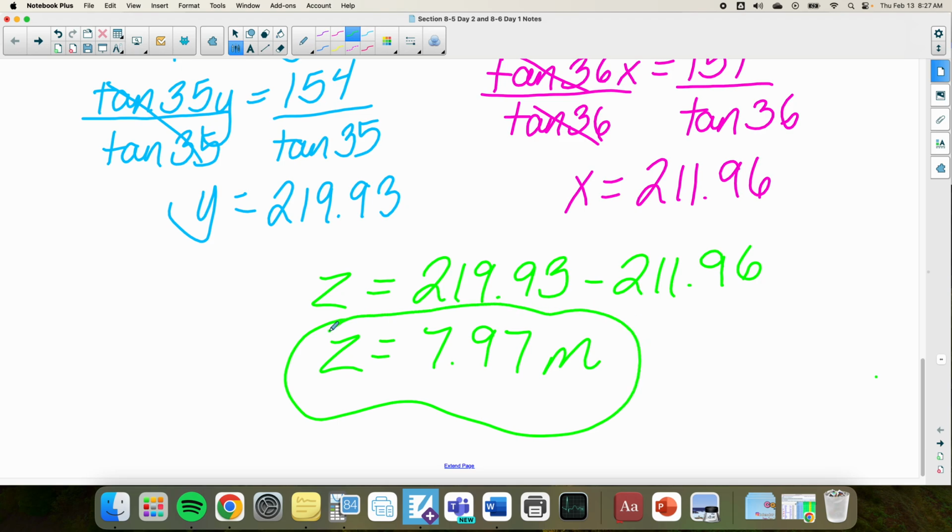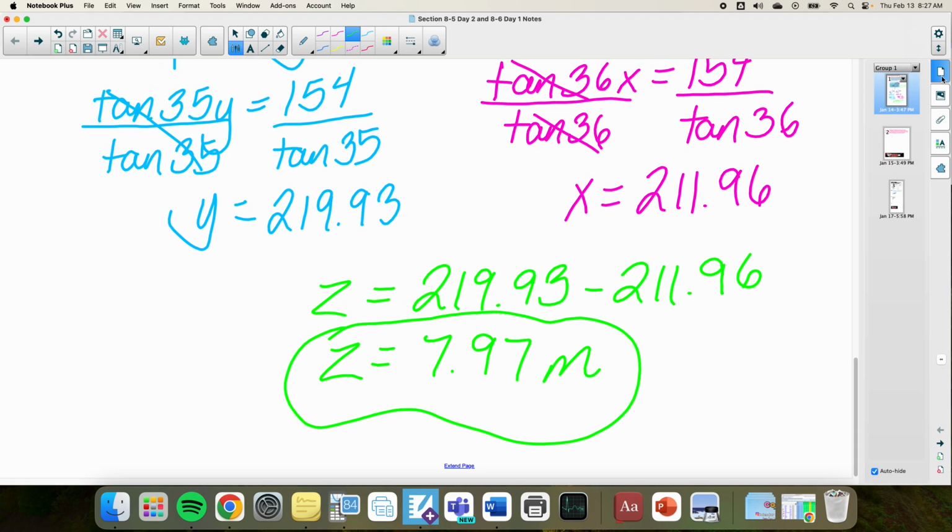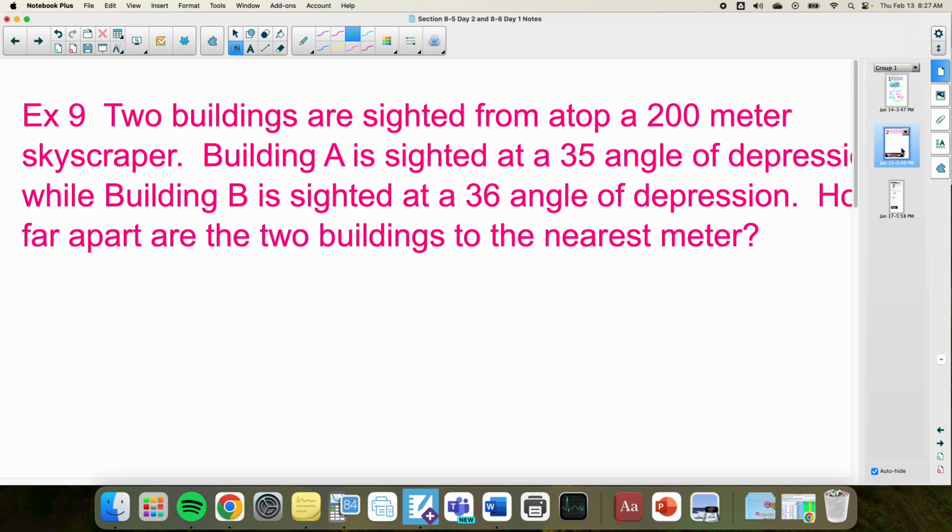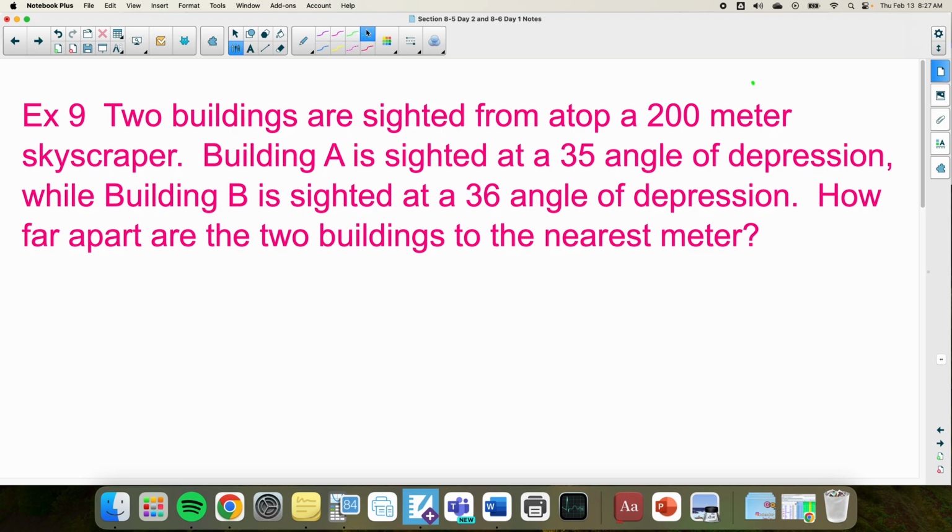Okay, so basically if you have the two triangles, you just separate them and then do two different trig functions and then subtract.